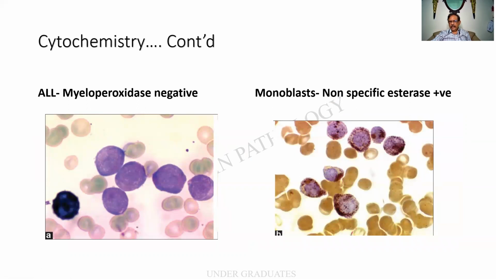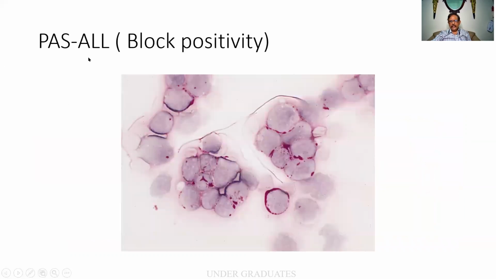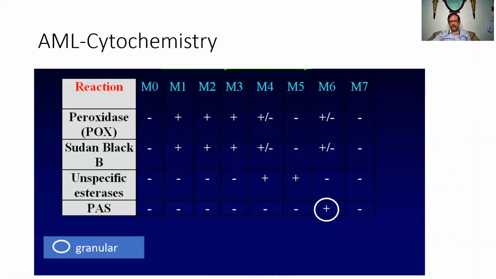So, I hope you people are able to understand the importance of the cytochemistry. This is again PAS positivity in a case of ALL. A summary is given over here. You people can kindly memorize it. Granular positivity in the case of PAS can be seen in erythroleukemia M6.